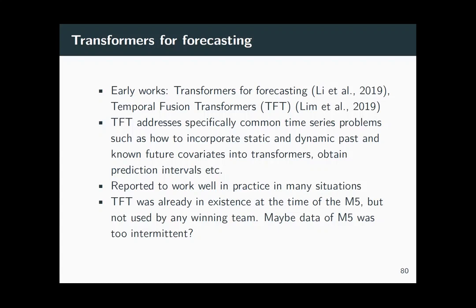So, for example, we know 25th of December this year will be Christmas. So it's something about the future that we know. Whereas a past covariate would be something like, I know yesterday the price was this, and because of that, I feed that into my model to predict tomorrow's value. So some covariates are known and others are not.